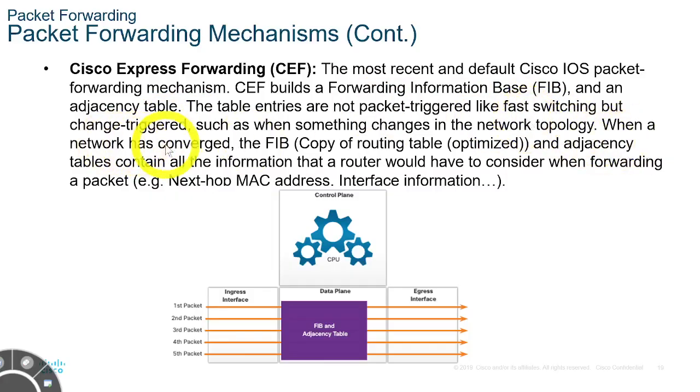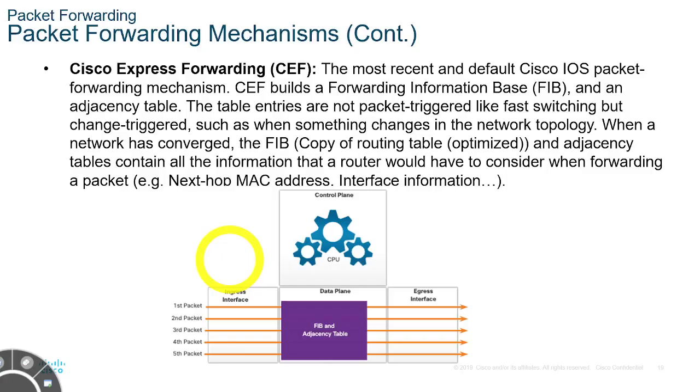So when the network has converged, what does converged mean? If we have a routing table or some information about the network, and two routers go off, something has changed.